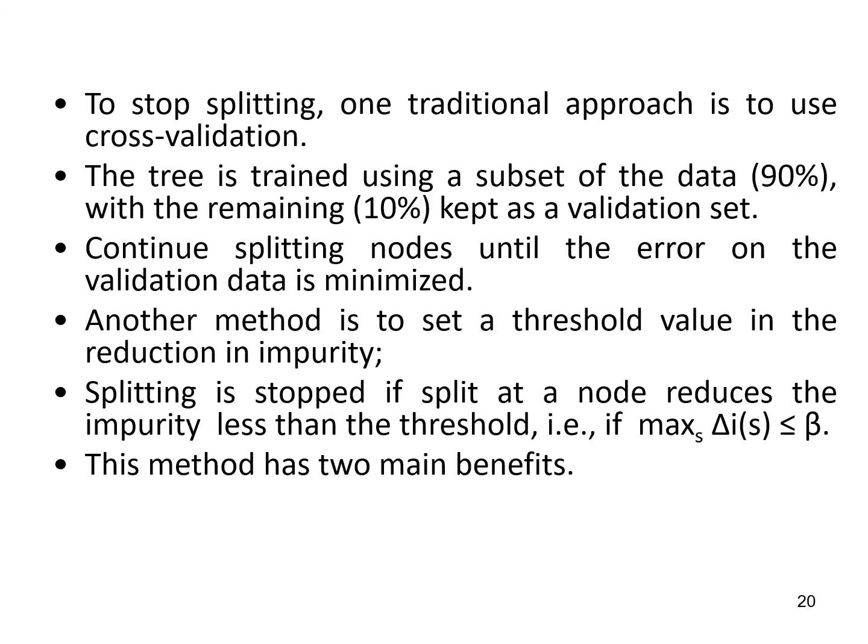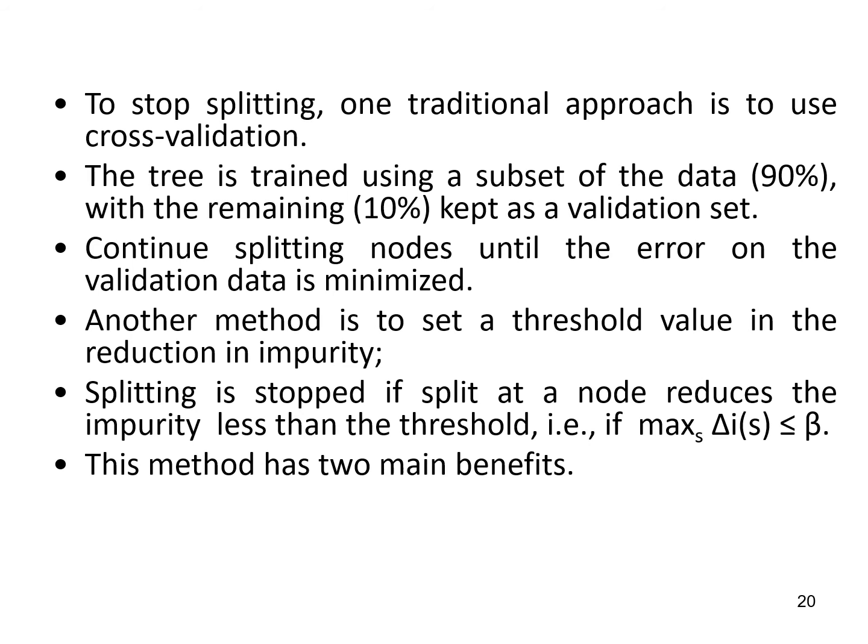To stop splitting, one traditional approach is to use cross-validation. The tree is trained using a subset of the data, say 90%, with the remaining 10% kept as a validation set. Continue splitting nodes in successive layers until the error on the validation data is minimized.